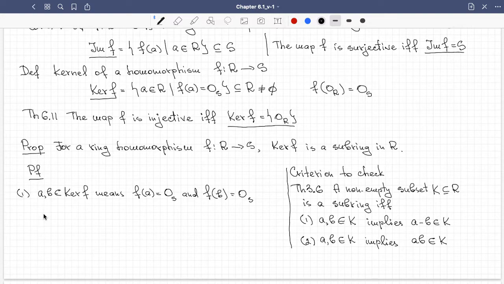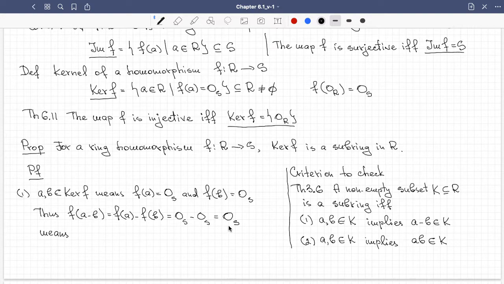Thus, we can calculate F of A minus B, which by the property of homomorphism respecting group structure is F of A minus F of B, which is 0 minus 0, which is 0 in S. Again, by the definition, kernel is those elements which map to 0.